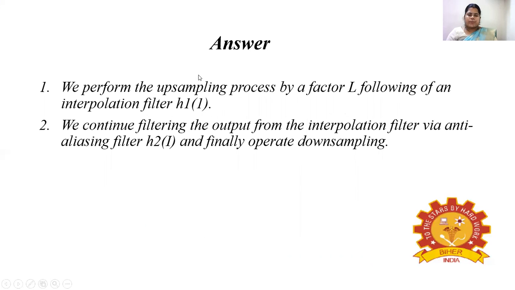So first, we need to perform an upsampling process by a factor of L, followed by the interpolation filter. After the interpolation filter, we pass the output through an anti-aliasing filter and finally perform the downsampling.